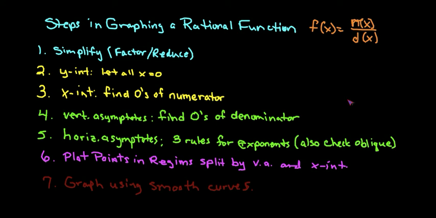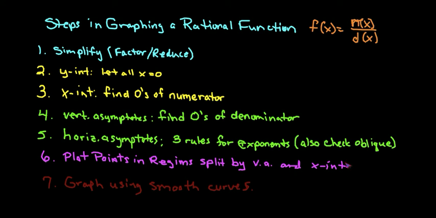And again, if the top was bigger than the bottom for the exponents, there would be no horizontal asymptotes. But if the top was exactly 1 bigger, like x to the third compared to x to the second, then we would be looking at oblique. And we will look at an example of that a little bit later here.